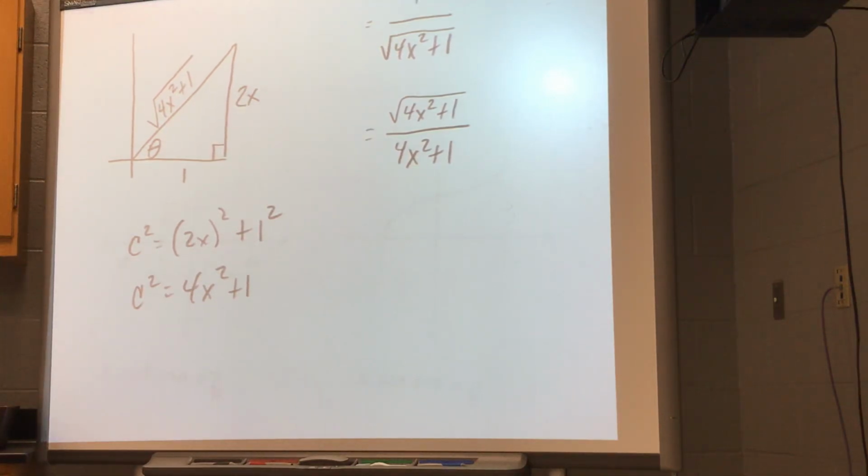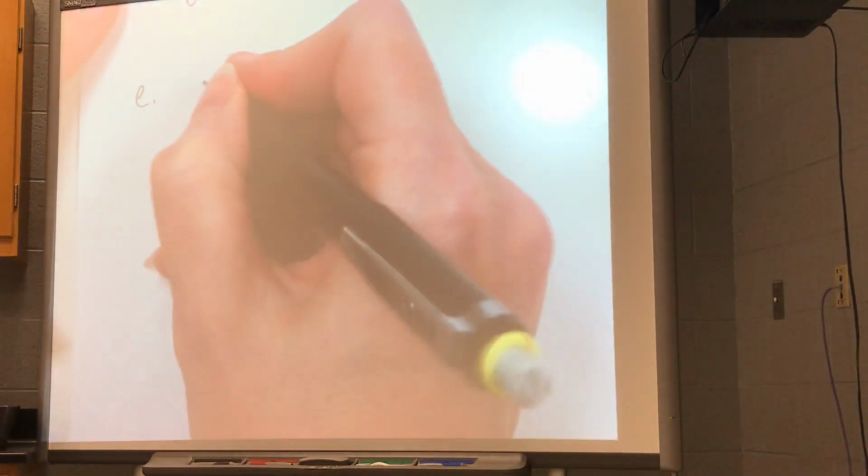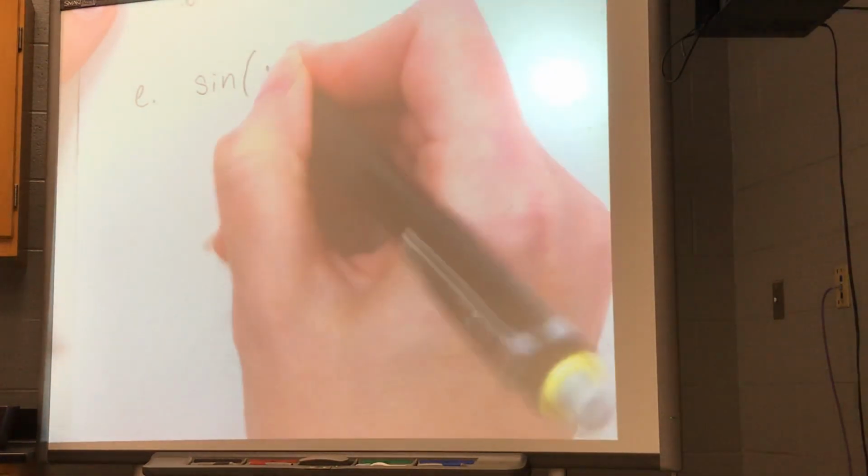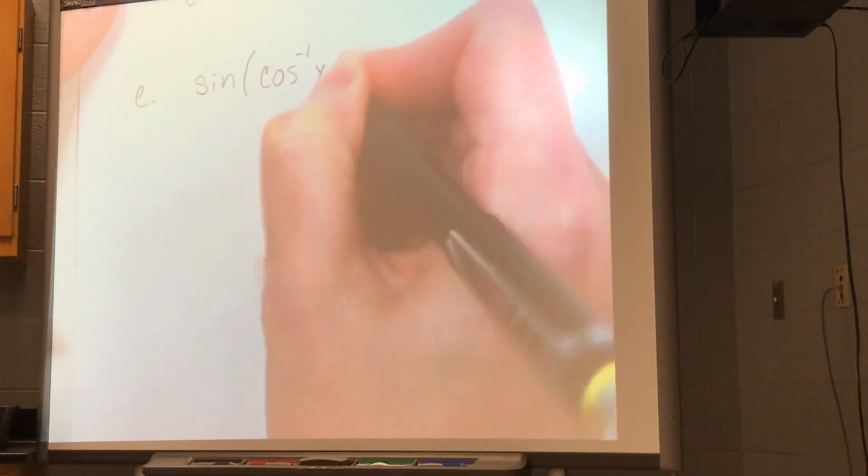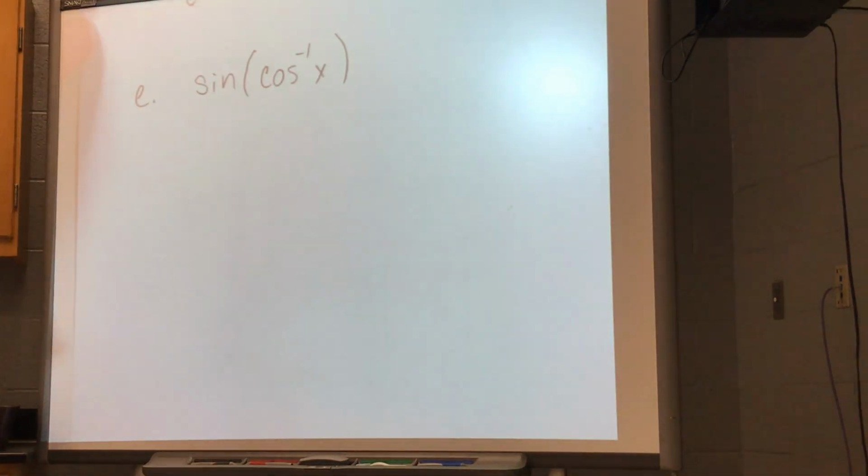You want to try one of these on your own? Okay, you're going to anyway, it's fine. All right, so for E, we're going to do the sine of the inverse cosine of x. And if you don't want to draw it in the quadrant, you can just draw a right triangle if you want to.